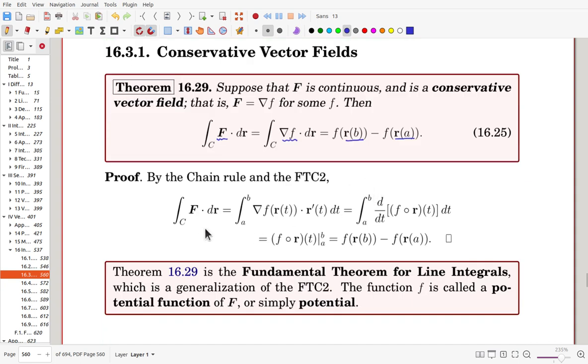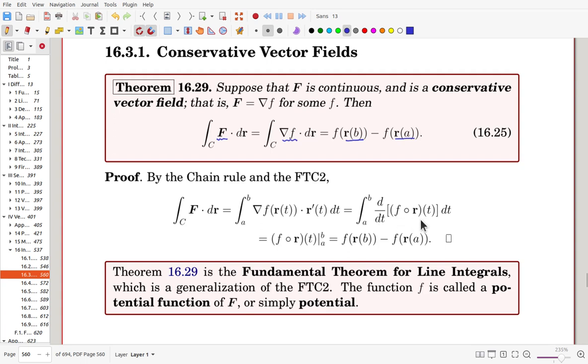We can prove it quite easily using the chain rule and the fundamental theorem of calculus part 2. The line integral of the vector field can be written in this way when the curve is parameterized and t is from a to b. Now, this quantity can be written in this way. That is the t derivative of this composite function.